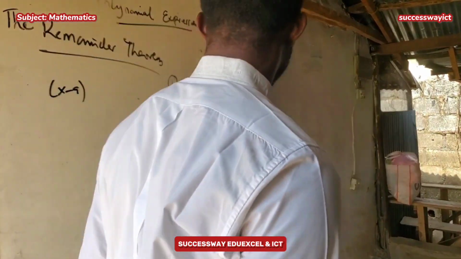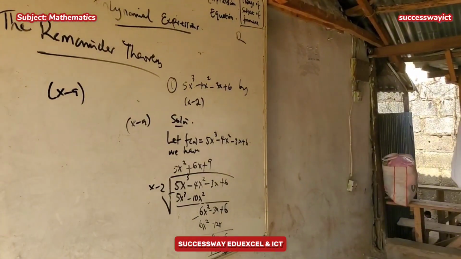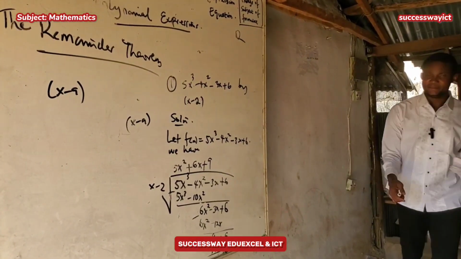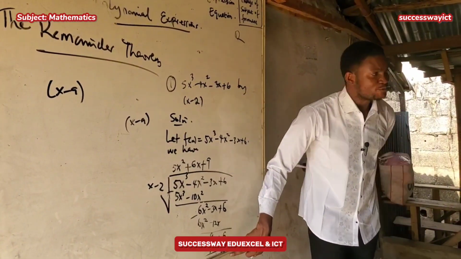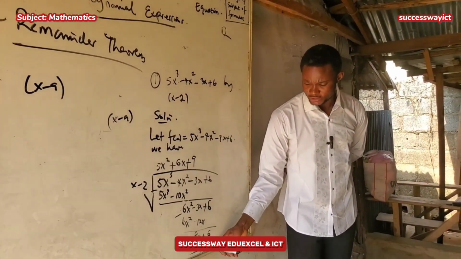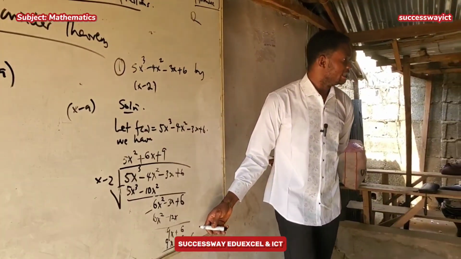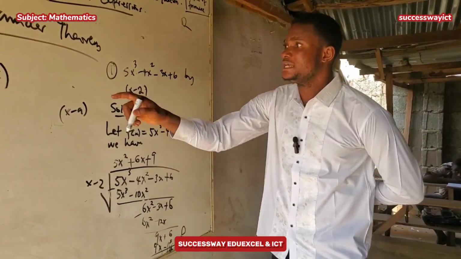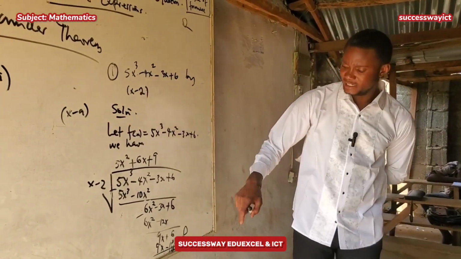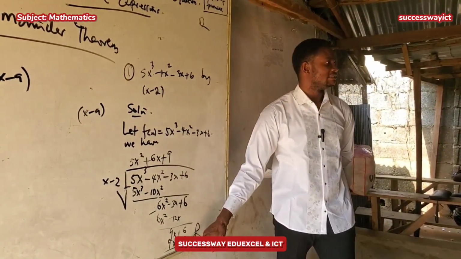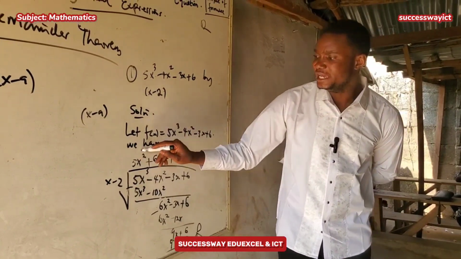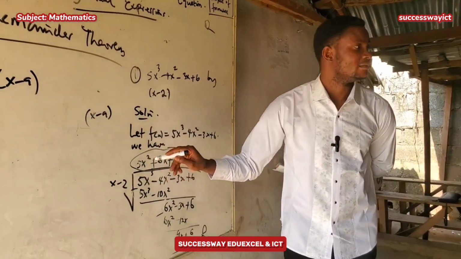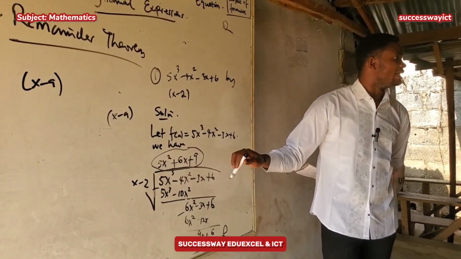Now, this 24 is called what? This 24 is called your remainder. This R that you had, which is the remainder, this 24 is your remainder. This guy here is your quotient. Are we together?